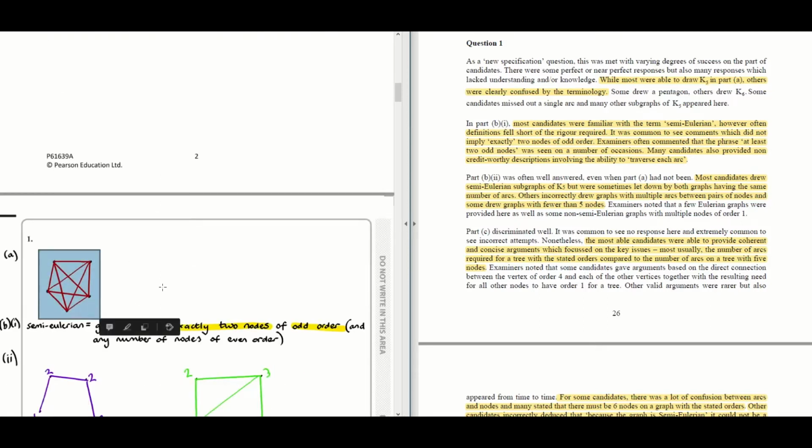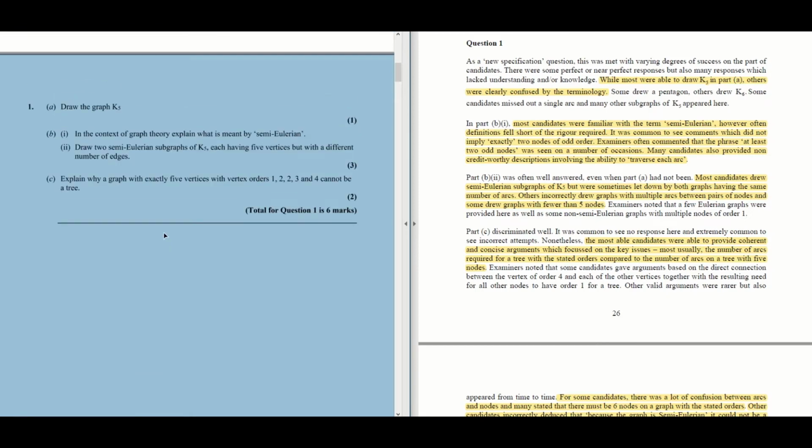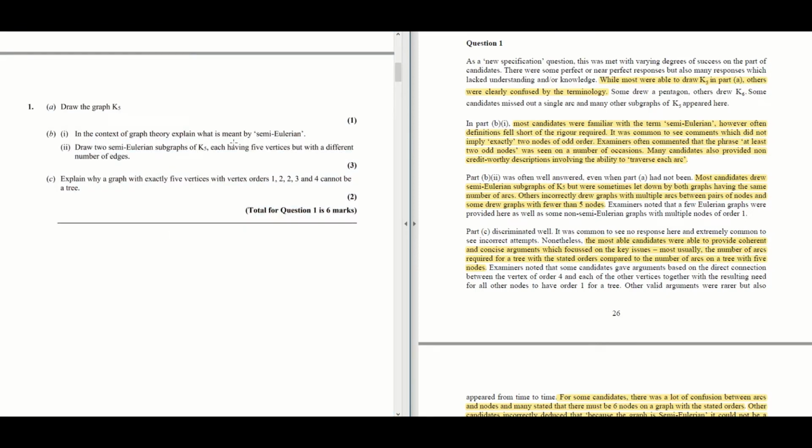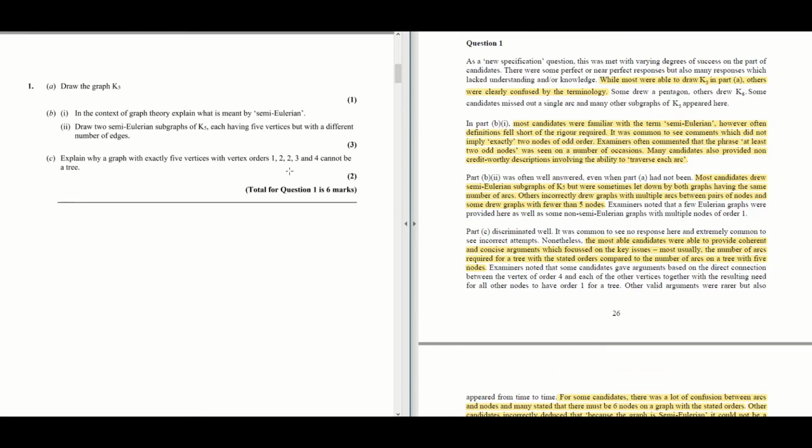For part B, a lot of people were familiar with the term semi-Eulerian, but the key in this question is to give a very precise definition, in that we have exactly 2 nodes of odd order. Some were using at least 2 nodes, which is a bit incorrect. There were also some candidates who provided a bit more detail, such as talking about the ability to traverse each arc.